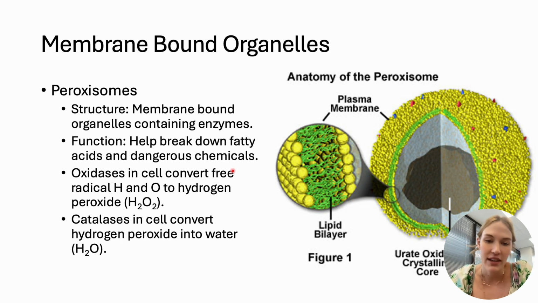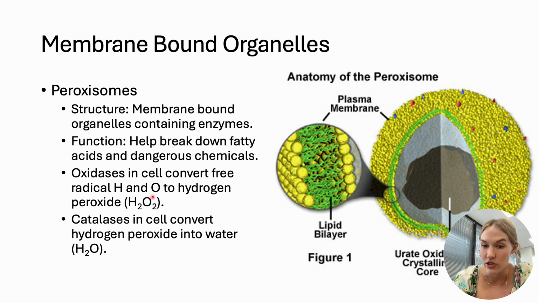Why? Well, because a lot of our reactions, especially metabolic reactions, are going to produce free radicals. And free radicals are pretty unhealthy because, as you can imagine, this word radical tells you that it's a highly reactive chemical that can just take in electrons, they can just steal them, and they're super reactive, and so they win almost every time.